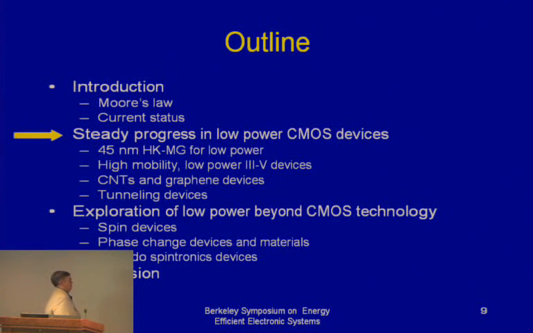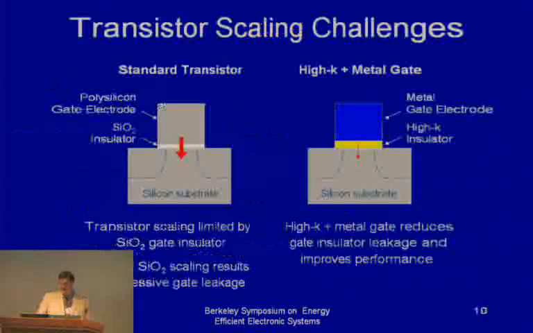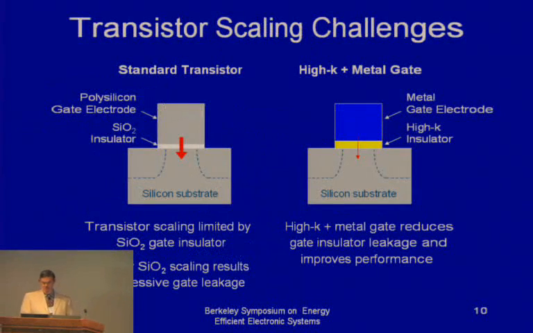So I'm now going to talk about the steady progress, the evolutionary scaling of the existing paradigm. And the first thing I'm going to talk about is introducing high-K metal gate.